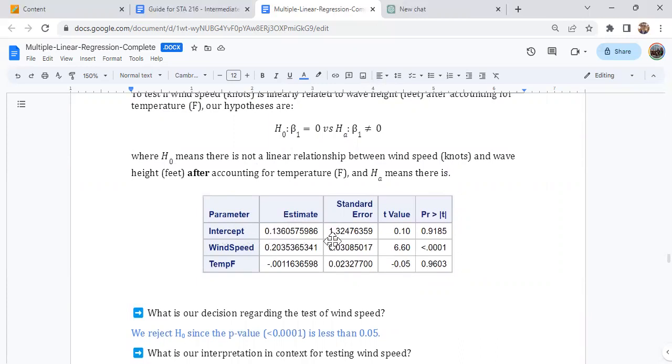And you'll notice that there's a row for the intercept as well. So this is testing if the true intercept is equal to 0 or not. That's a t-test that you can do, and they talk about this in the Stat2 book.